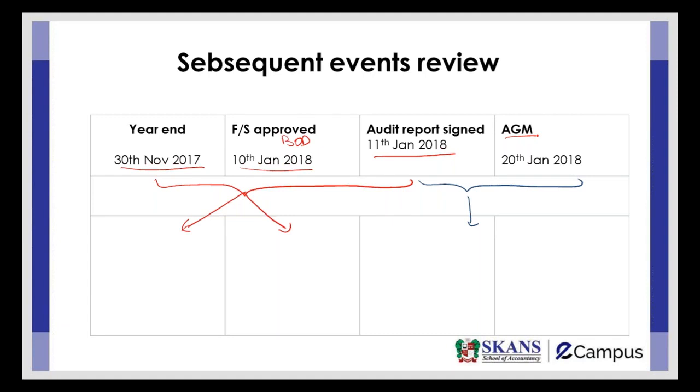I'm now going to talk about audit, not accounting anymore. The auditing standards say that from the year end until the audit report is signed, you have to conduct two types of procedures. The first one, and this is important, you'll have to conduct procedures.